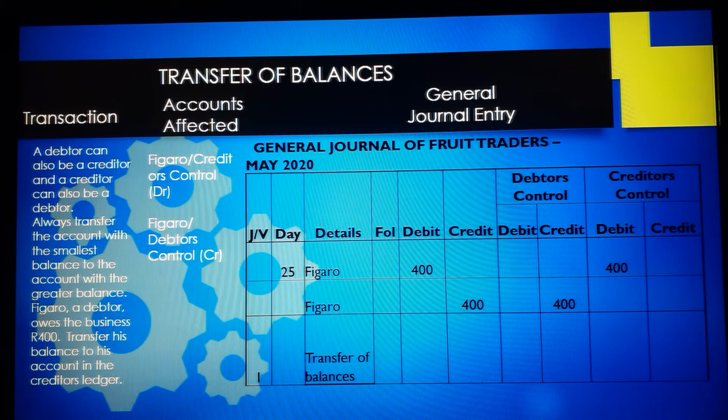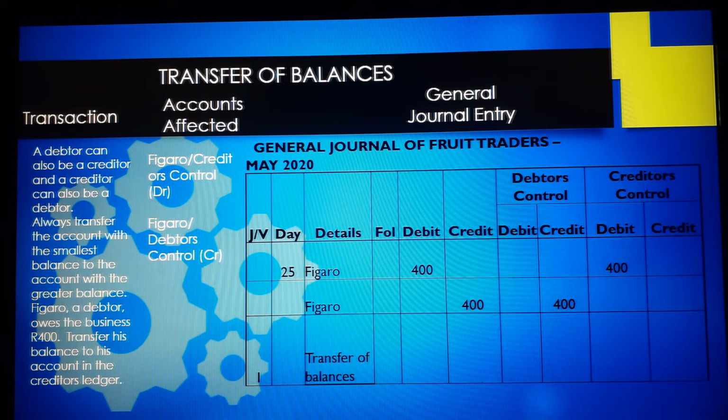So instead of him paying us the entire 400 Rand, we're just going to take it away from whatever we owe him. So we would debit Figaro as the creditor to take it away from what we owe him, and then we would credit Figaro as the debtor because he therefore does not owe us this money anymore.